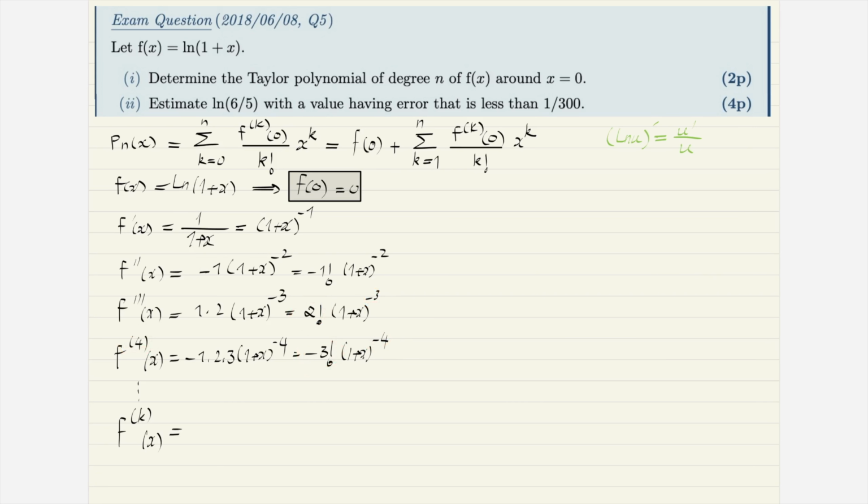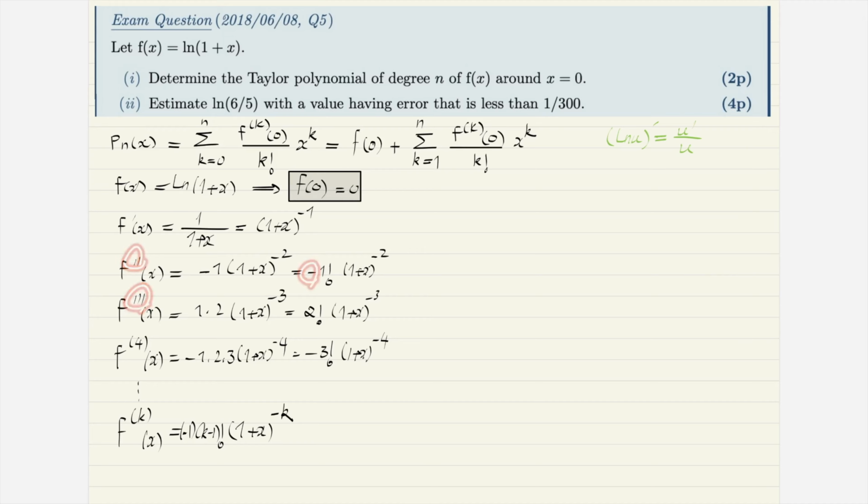So this means that for the kth order, definitely I will have 1 plus x to power minus k, but I have 1 unit less factorial, so it will be k minus 1 factorial. But now the problem is that these are alternatingly plus or minus, so I have to take care of that minus sign. You hopefully have experience of that, so it will be minus 1 to some appropriate power. If k is 1, this should be positive, but if k is 2, it should be negative.